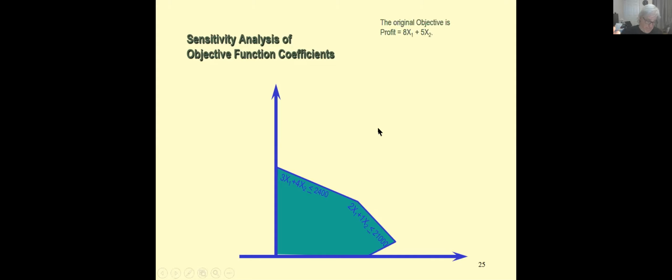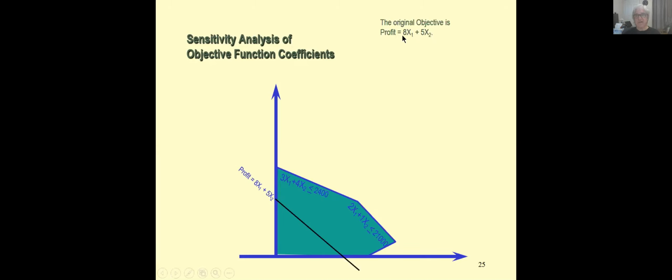So assume the objective function, which is known to be 8x1 plus 5x2, is changing because management comes to you and says, we are afraid that the profit on space rays will change. To remind you, x1 represents the number of dozens of space rays produced in our plan, and x2 the number of zappers. 8 and 5 are the profit per dozen of each product.